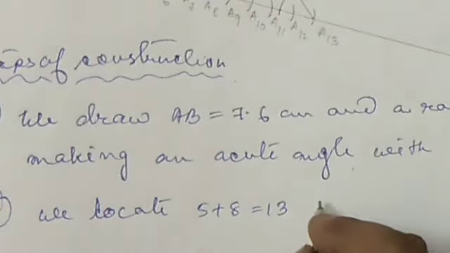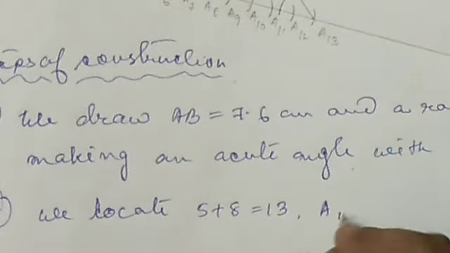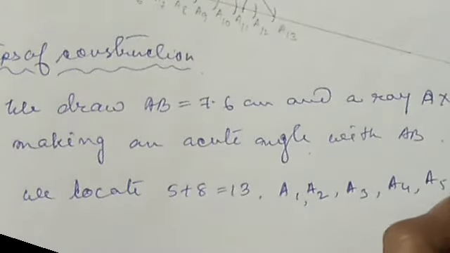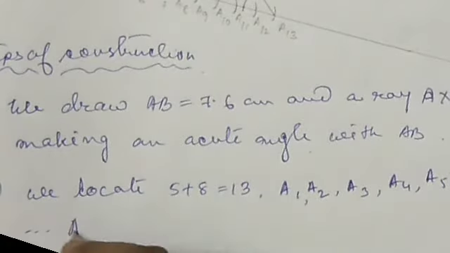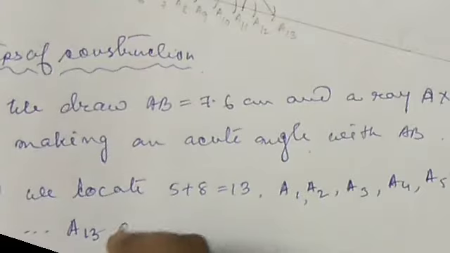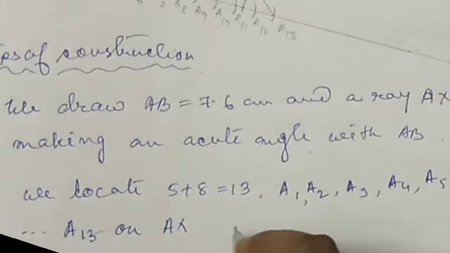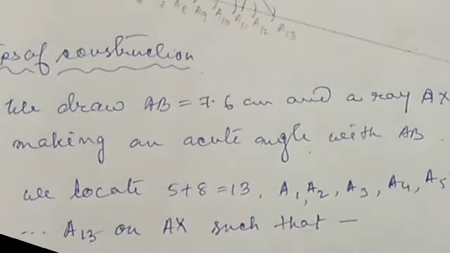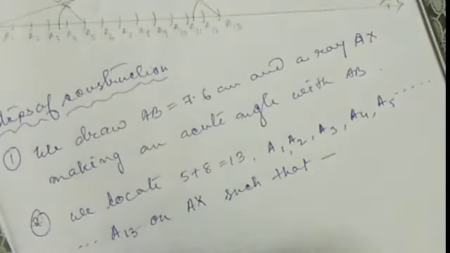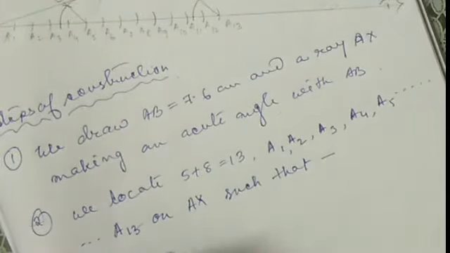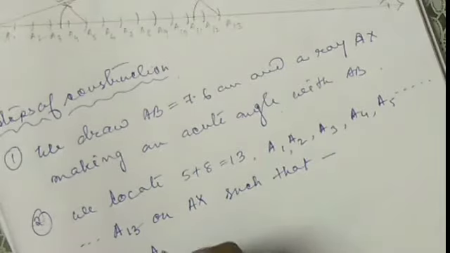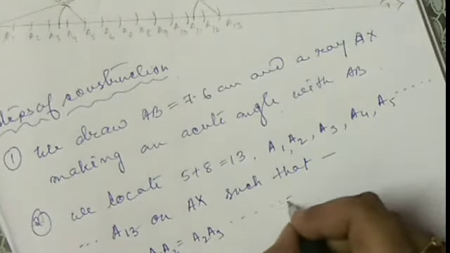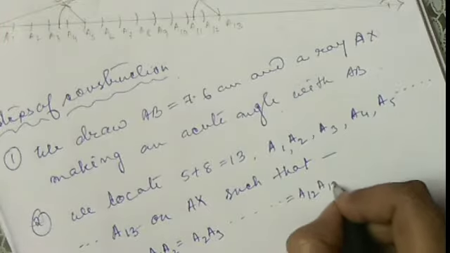We locate 13 points A1, A2, A3, A4, A5, up to A13 on AX such that all those segments are equal, such that A1A2 equals A2A3, and so on up to A12A13.